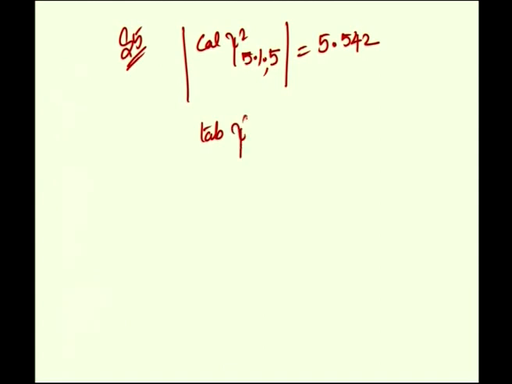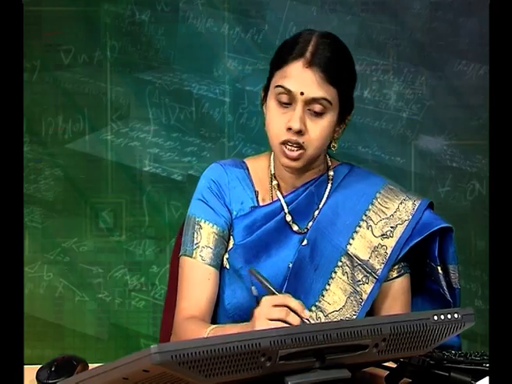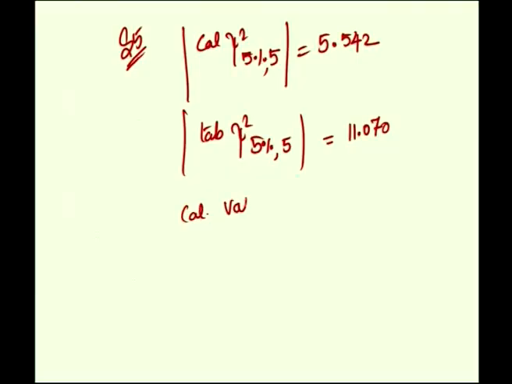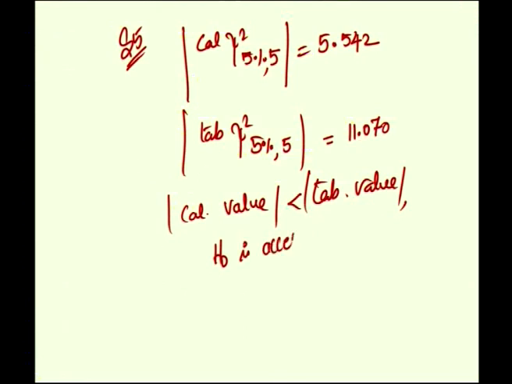So, tabulated chi-square at 5 percentage, 5 degrees of freedom is equal to 11.070, and now comparing 5.542 with 11.07, the value is lesser, therefore, calculated value is lesser than tabulated value. So, H naught is accepted, which means the die is accurate to give the results, die is unbiased.